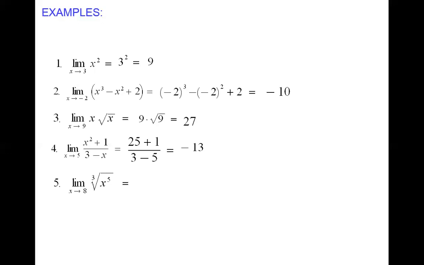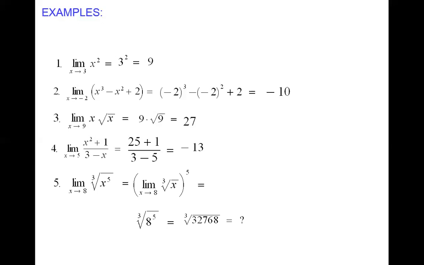The cube root of x to the power of 5, and now we have to be careful because we do not really use calculators in a calculus class, because we have to focus on the concept and be smart with our arithmetic. That means I will probably not just go this way, because 8 to the power of 5 is quite a big number and I will never know what the cube root of 32,768 is.